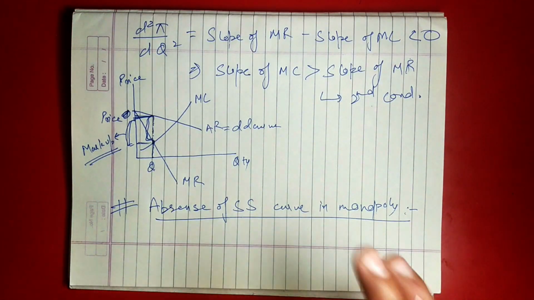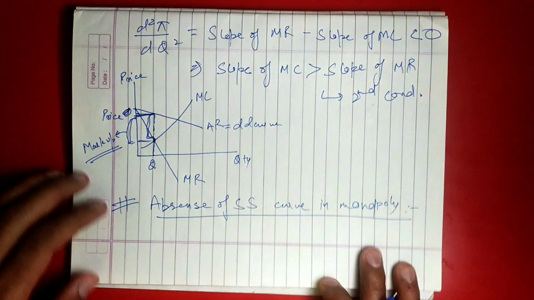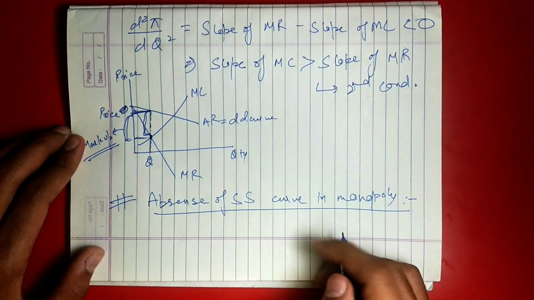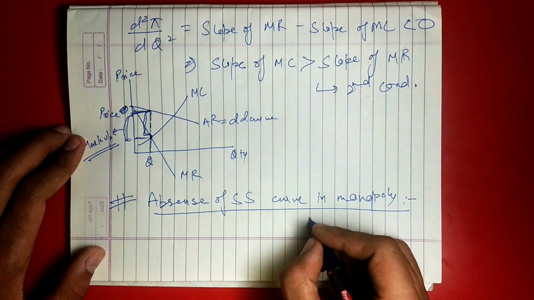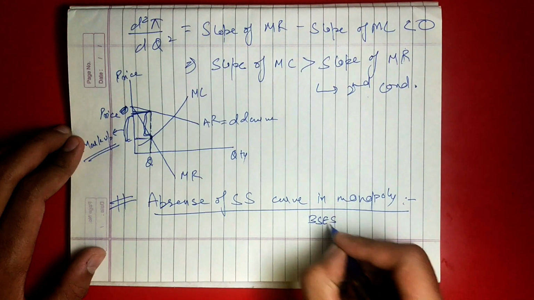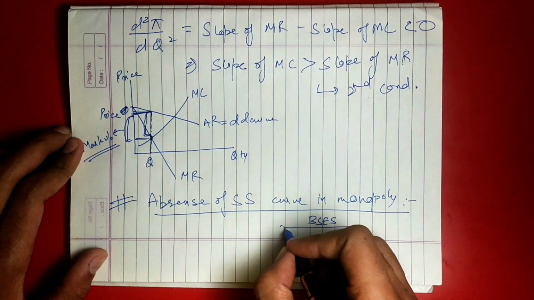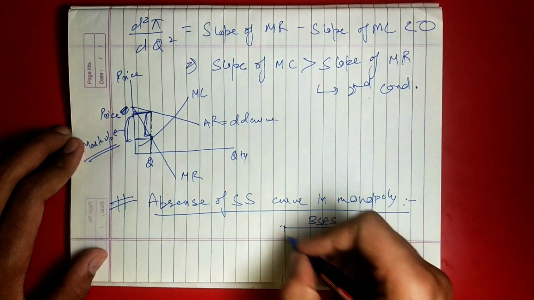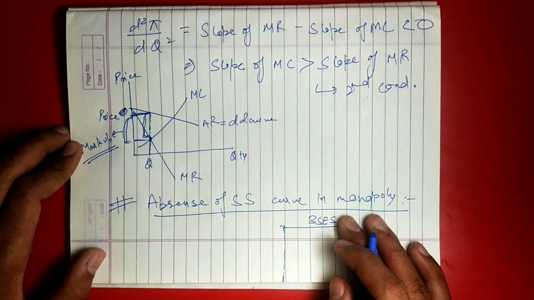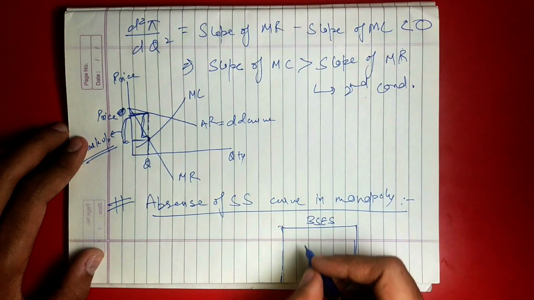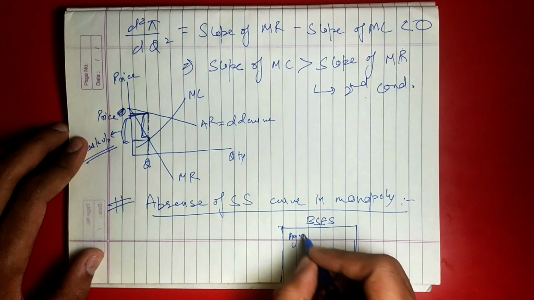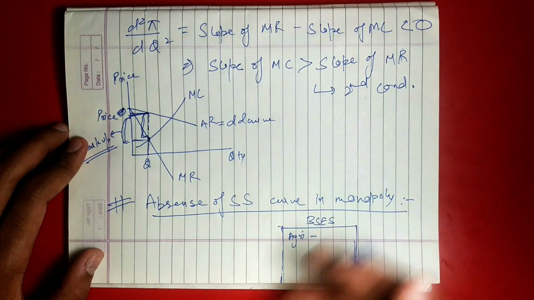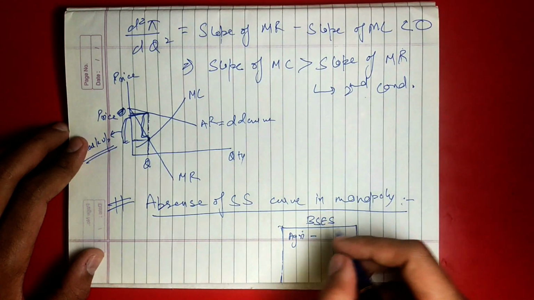So I'll give you one example. I'll take the example of BSES, the electricity provider company. You must have seen that there are different rates. They do price discrimination. This is called different tiers, 2 tier, 3 tier price discrimination.